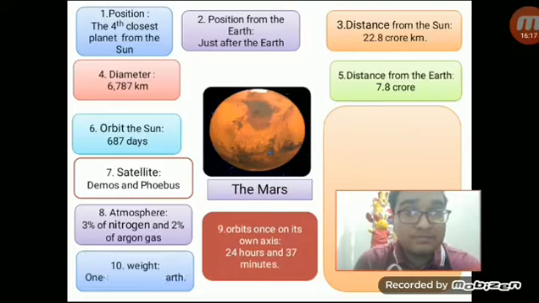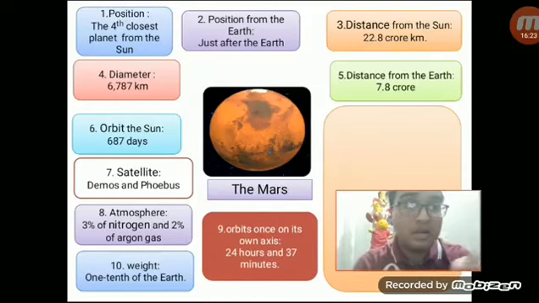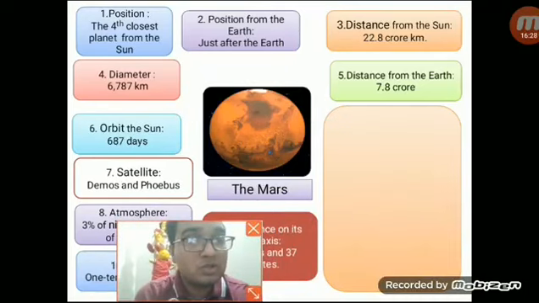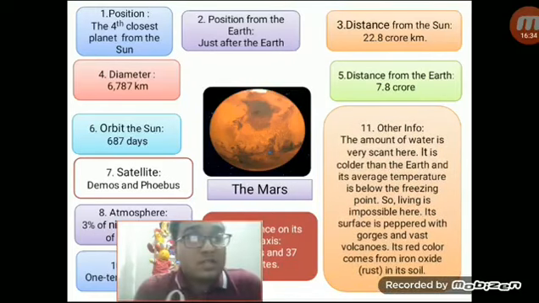Then weight: its weight is 1/10 of the Earth's weight. Now I am going to show some other information regarding the planet Mars. The amount of water is very scant here. It is colder than the Earth and its average temperature is below the freezing point.